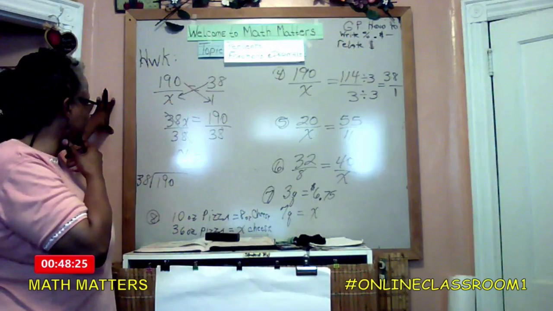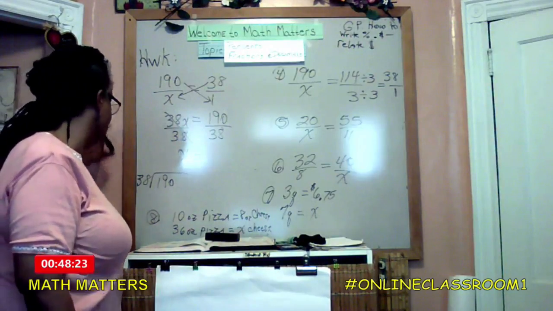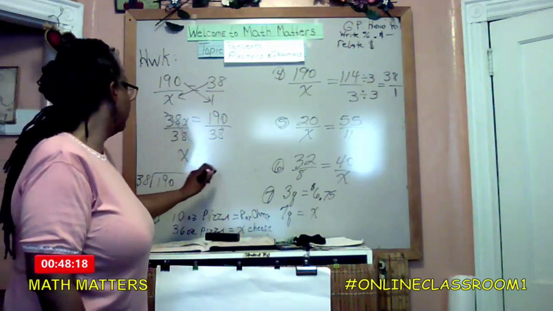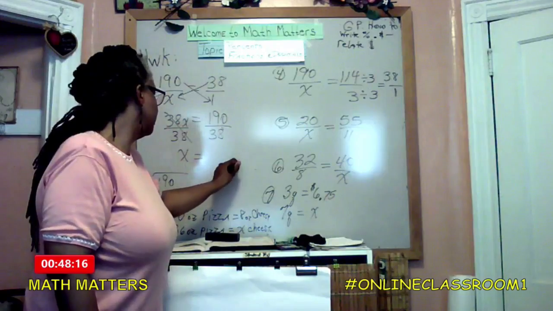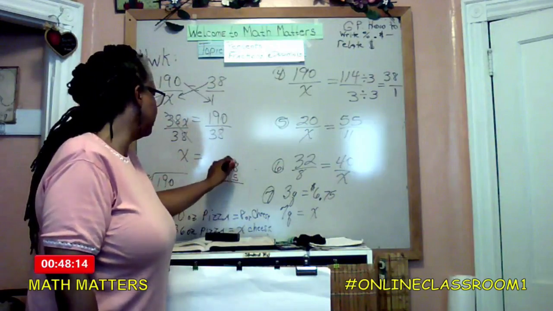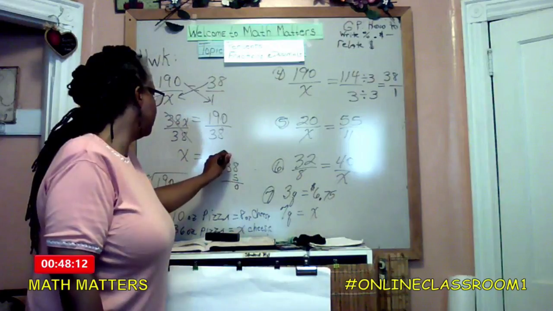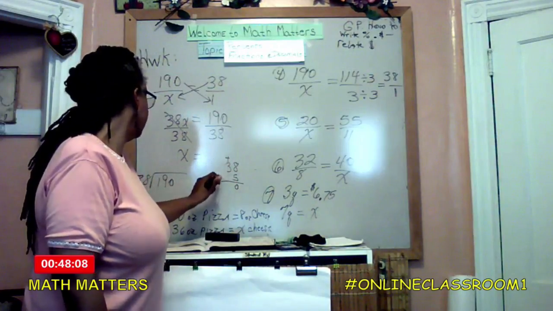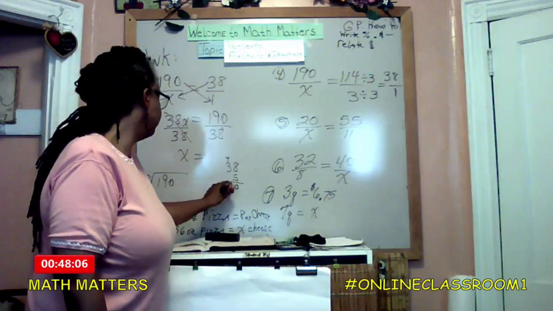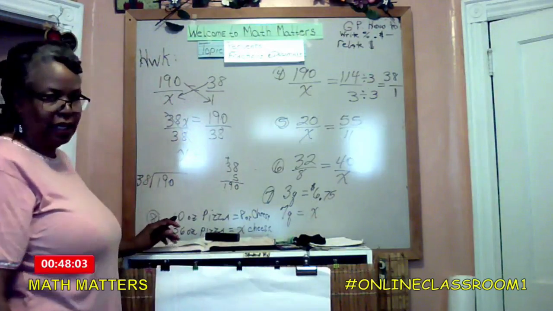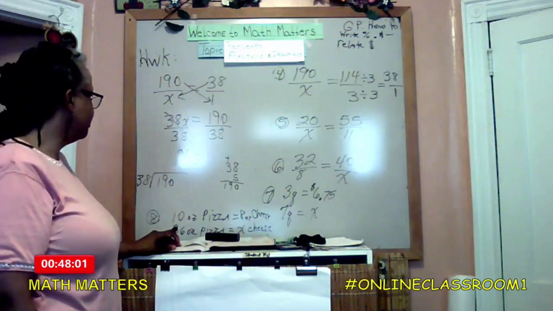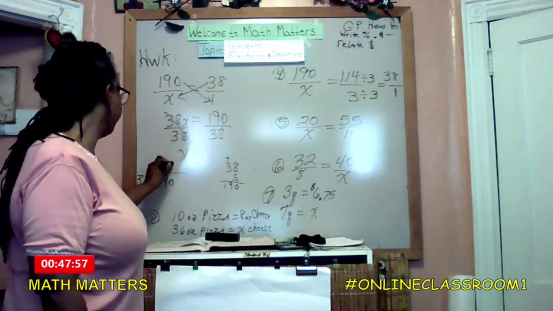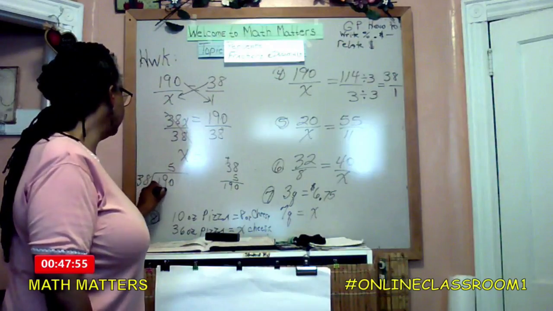So let's try 5. 38 times 5. See where that gets us. 5 times 8 gets us to 40, carry the 4. 15 plus 4 is 19. Bingo. So it's like a guess and check. Yep. So it goes in 5 times. 5 times 38 is 190.